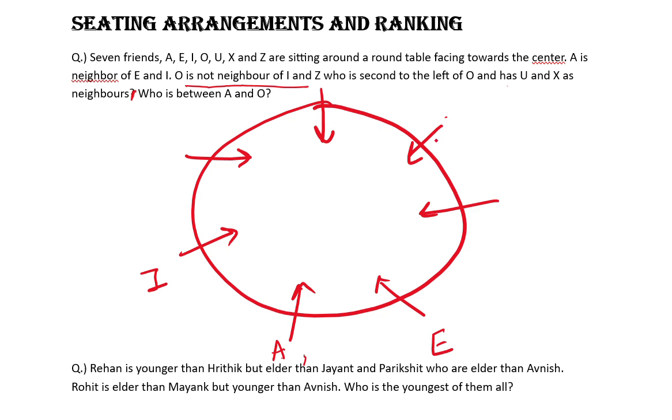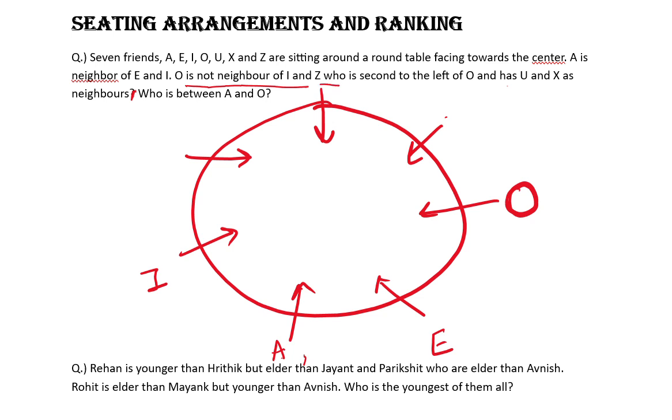Let us suppose O is here somewhere. O is not neighbor of I and Z, so Z cannot be here also. Let us consider Z is here.